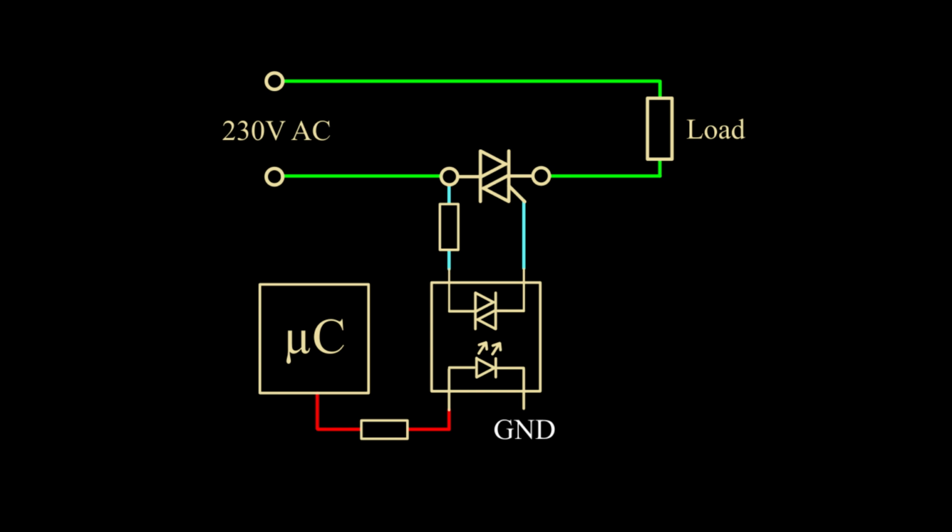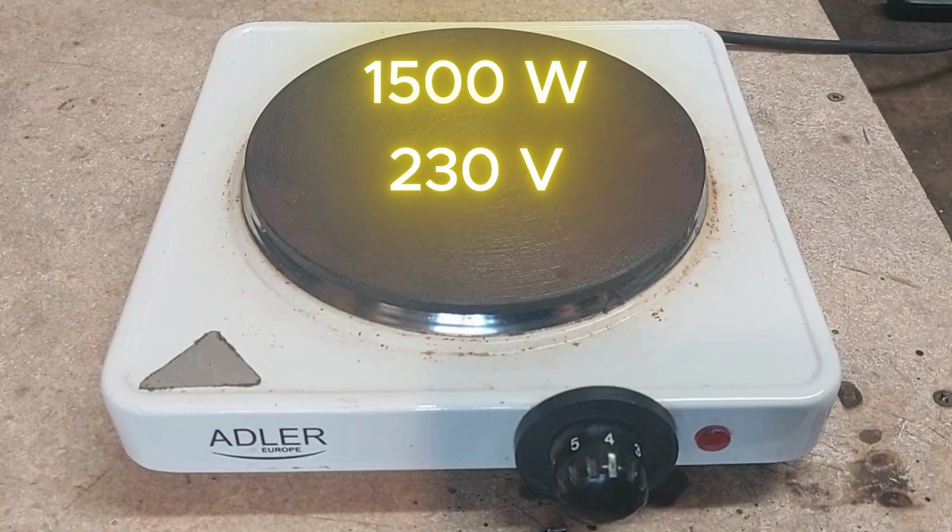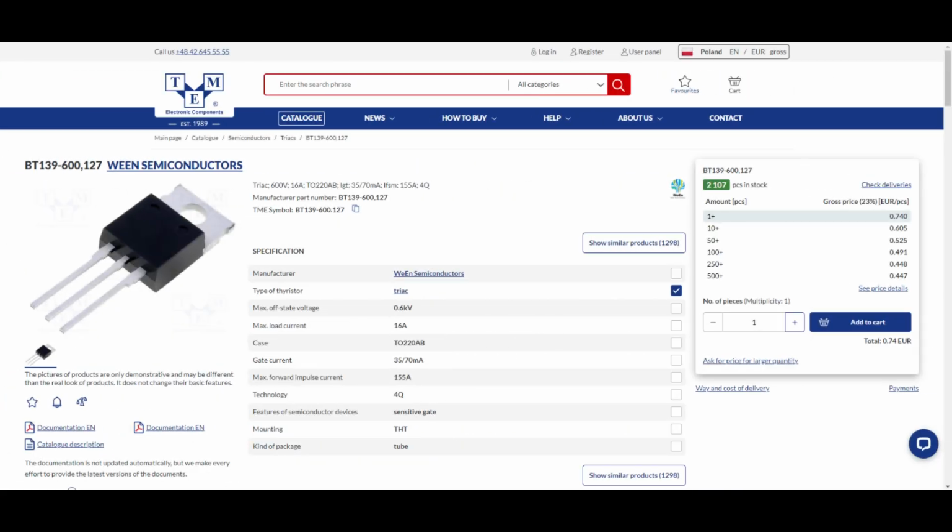Time to select components. My hot plate has a nominal power of 1.5 kilowatts at 230 volts, so my triac has to be able to withstand at least 7 amps. It's not much for such a power component, so I will use this 600 volts 16 amps model, as it's pretty affordable and leaves me a lot of spare power if one day I would like to use a stronger heater.